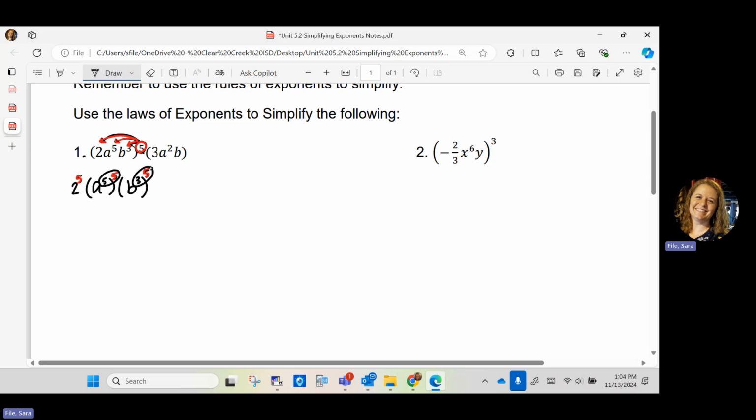Okay, now 2 to the 5th, what does 2 to the 5th actually mean? If you're raising something to the 5th power, what are you doing? What does any exponent mean? When you have an exponent or a power in the top right corner of the value there, who can tell me what an exponent is doing or what it means?